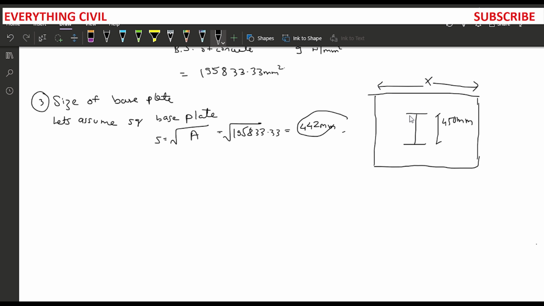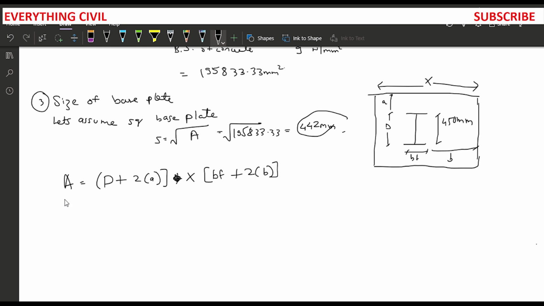Let's assume this is D, this part here is A, and the projection from the flange side is small b. So the formula for area will be (D plus 2 times A) times the other side, that is (BF plus 2 times b).